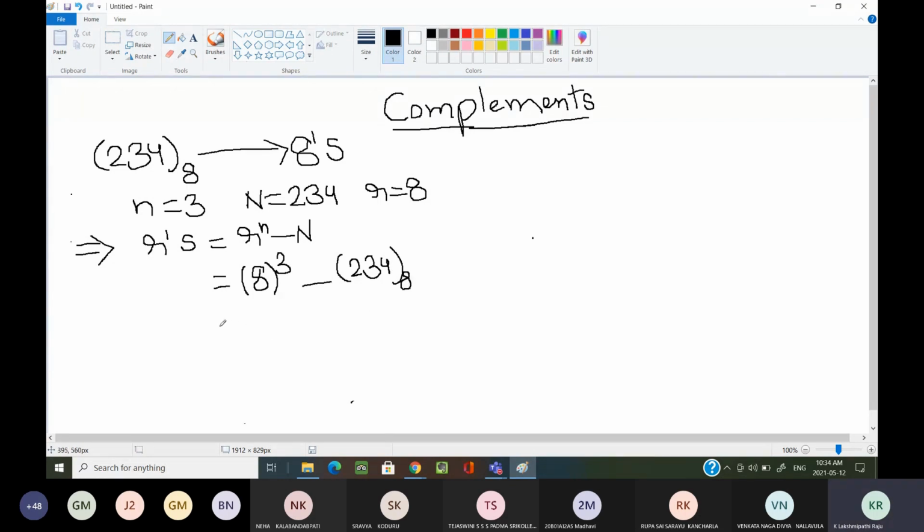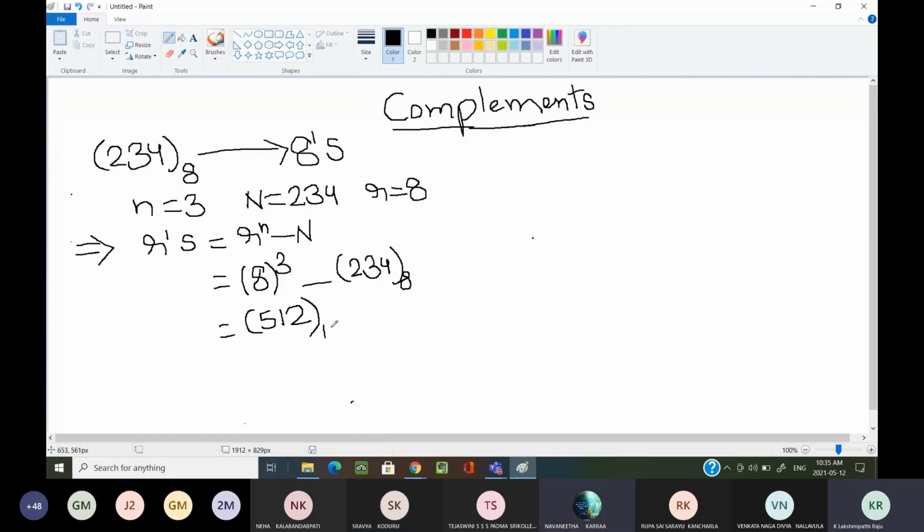Why? Because you are strong in mathematics, I am weak in mathematics. Now tell me the answer. 8 cube is 512. 5 1 2 of base 10.